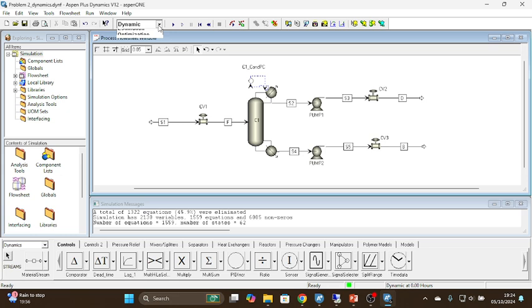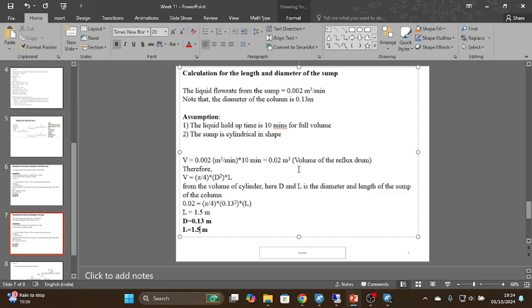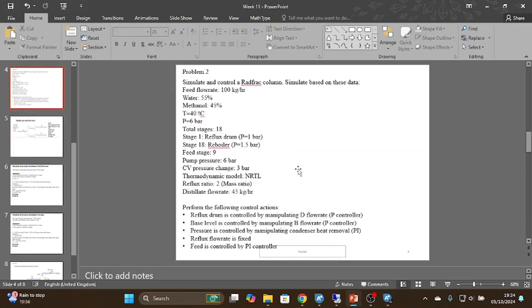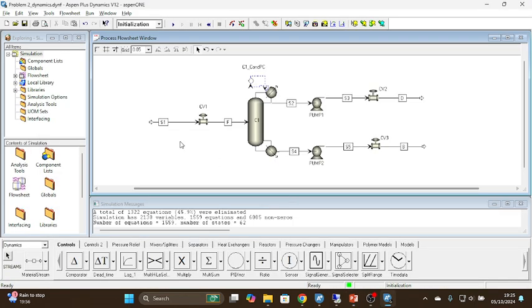Now we first need to change this to initialization. Now we have to see what all controllers we have to give over here. So first is we need to control the flow rate of the feed.